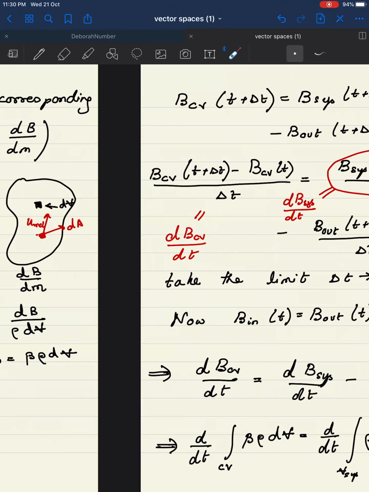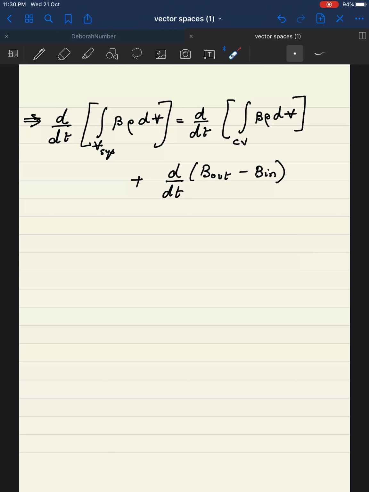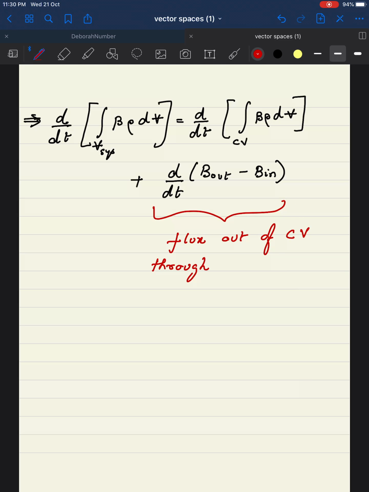So this represents my flux out of the CV through the control surface, right? Okay.